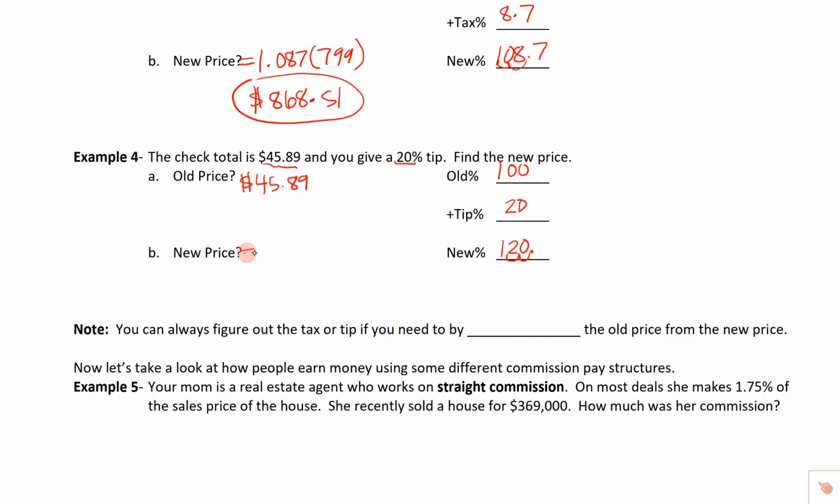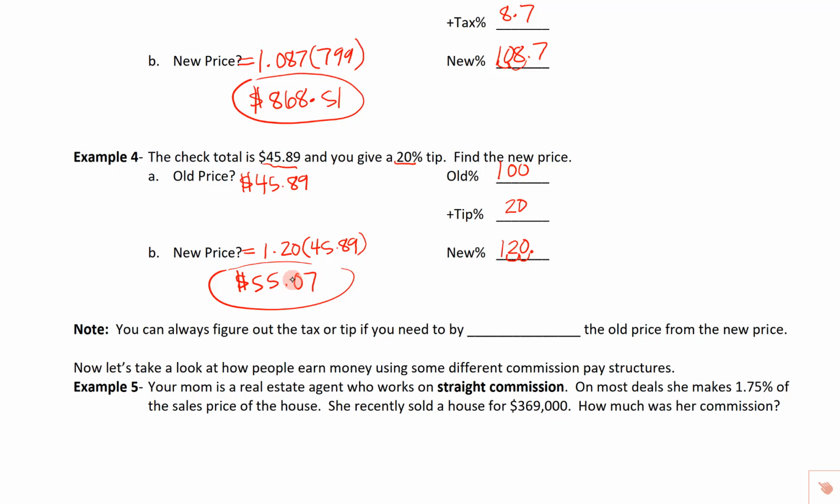Our new price is equal to 1.2 or 1.20 times the original price, which is $45.89. When you multiply that together, your new price ends up being $55.07. Similar to yesterday, we just skip one step and put our new price all together.